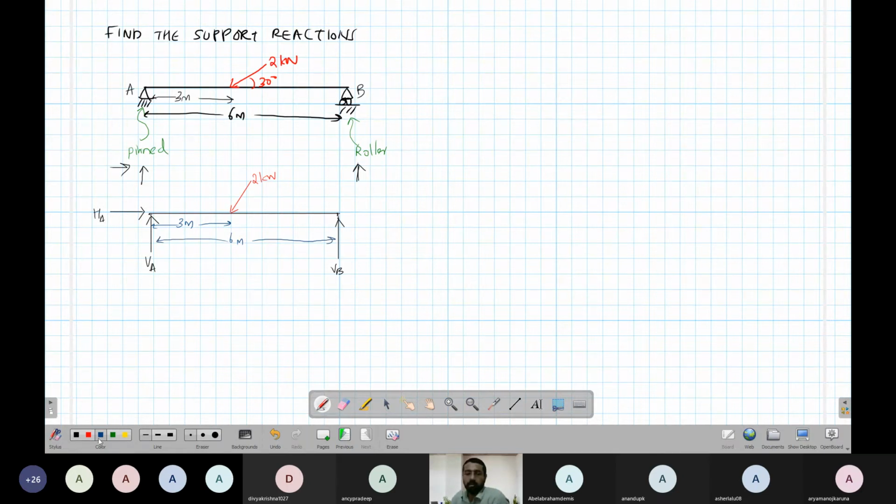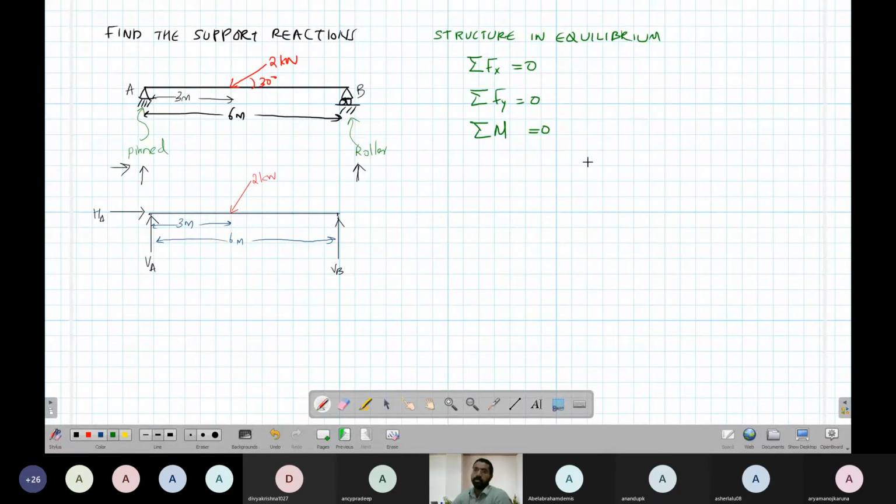Now, the moment I say the structure is in equilibrium, equilibrium means the summation of all the components of forces in x direction should be equal to zero, the summation of all the forces or components in y direction should be equal to zero, and the summation of moments about any point should be equal to zero.